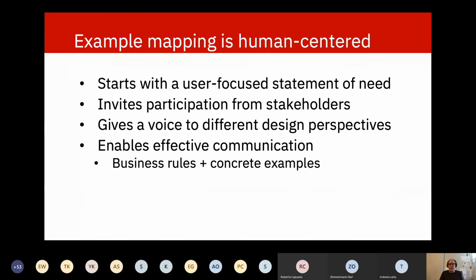Yeah, and we're talking about how it's human-centered. So let's focus on that for a sec. We start with that user-focused statement of need. These days it's digital, but by having an open platform, we're inviting participation from multiple stakeholders. By giving everyone an opportunity to type or write, we're giving different voice to the different design perspectives in the room.